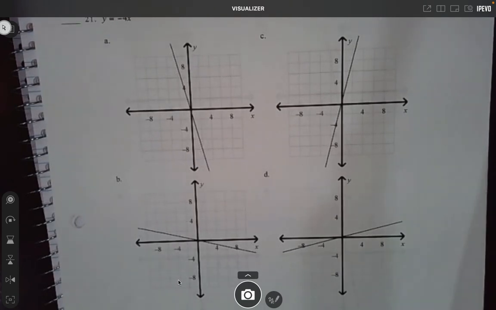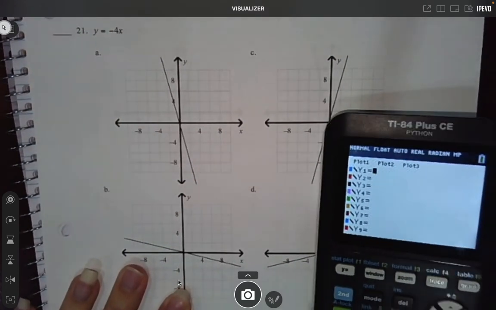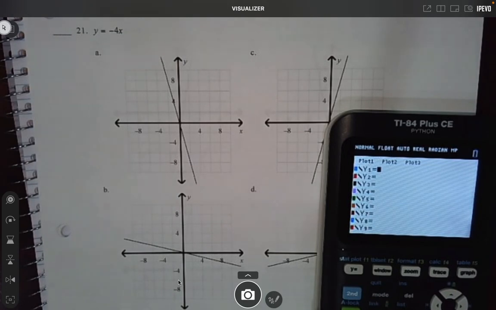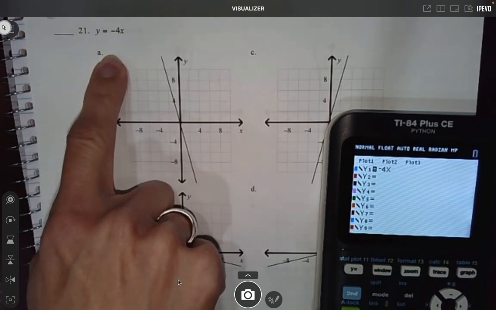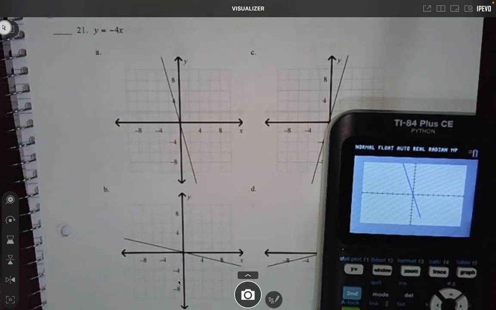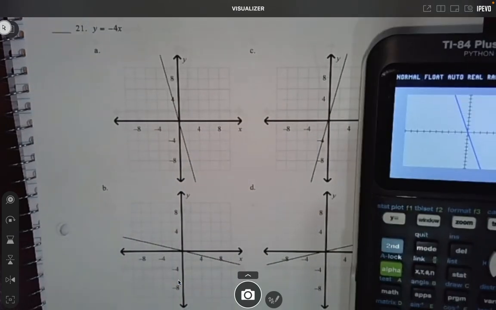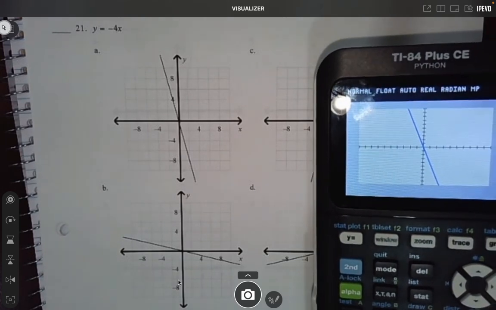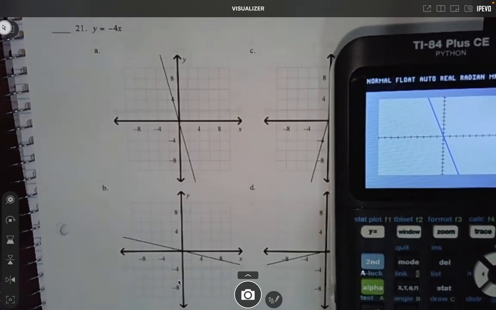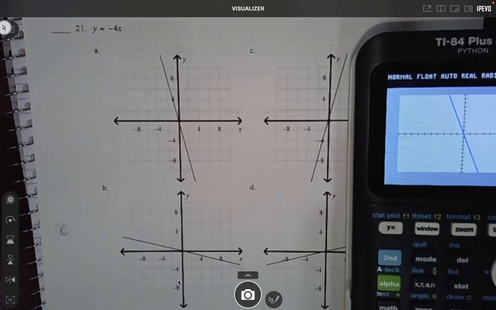Do I need to show y'all how to put it in? Okay, so I'm going to just go to y equals. All right, on the top of your calculator, press y equals. Then you just type in negative 4x, just like they have. And when you press graph, you're looking for the graph that looks like a similar slope. Well, C is going a totally different way.